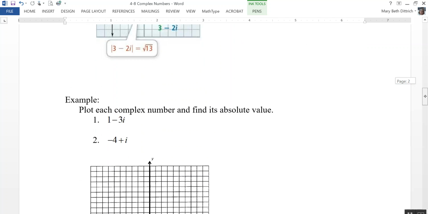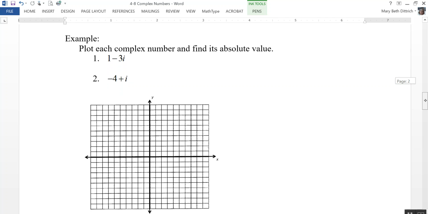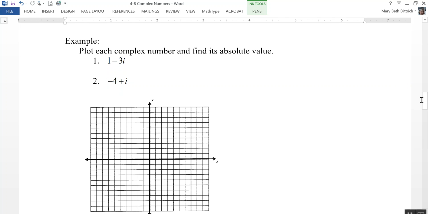Let's take a look at an example here. We have to plot each number and find its absolute value. Number 1 is 1 minus 3i. For this, a is 1 and b is -3. Really, instead of x and y here, I should have that this is the real axis, which is our a, and this is my imaginary axis, which is going to be my b. To plot the complex number 1 minus 3i, I would go 1 for the real and -3 for the imaginary, so that would be this point right here.